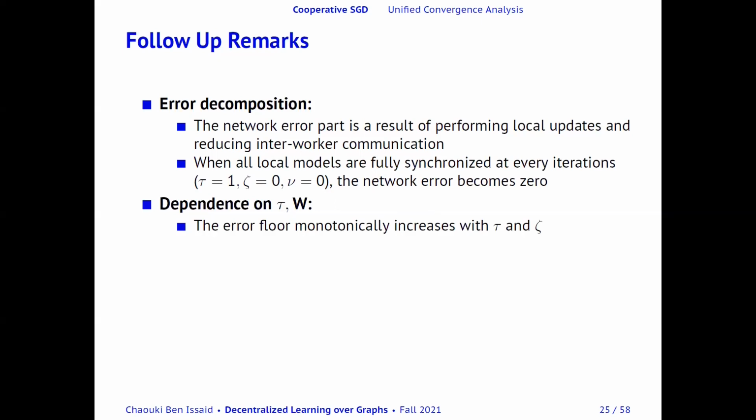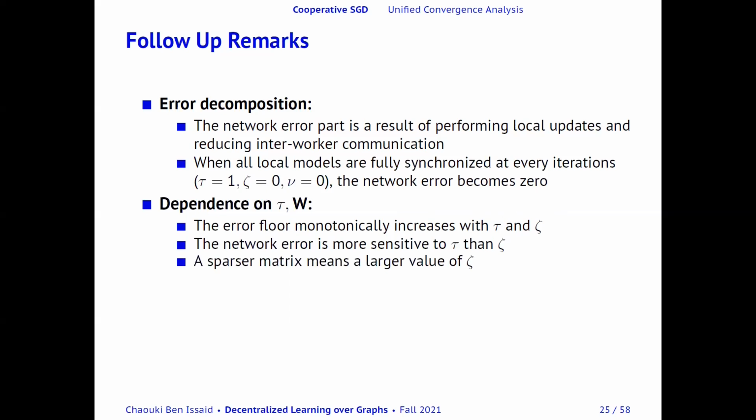The error floor at convergence depends on both parameters tau and zeta. In fact, the bound increases monotonically along with both. And it can be shown that zeta is related to the mixing matrix W, in the sense that a sparser matrix means a larger value of zeta.